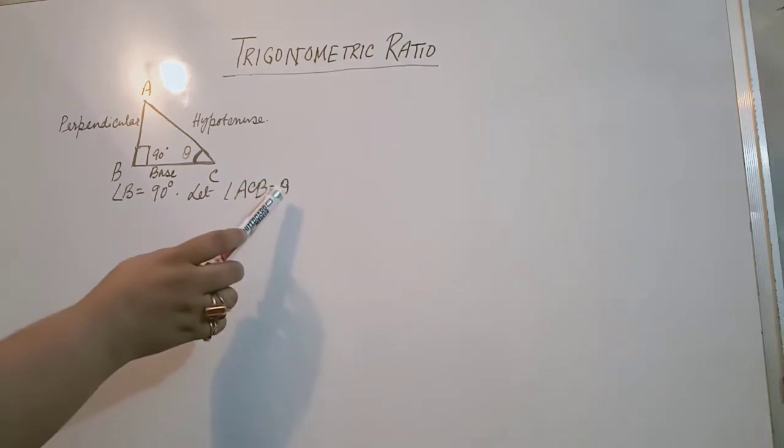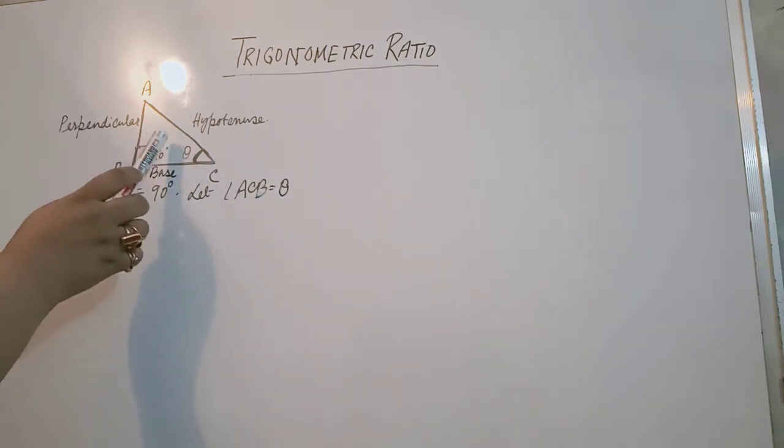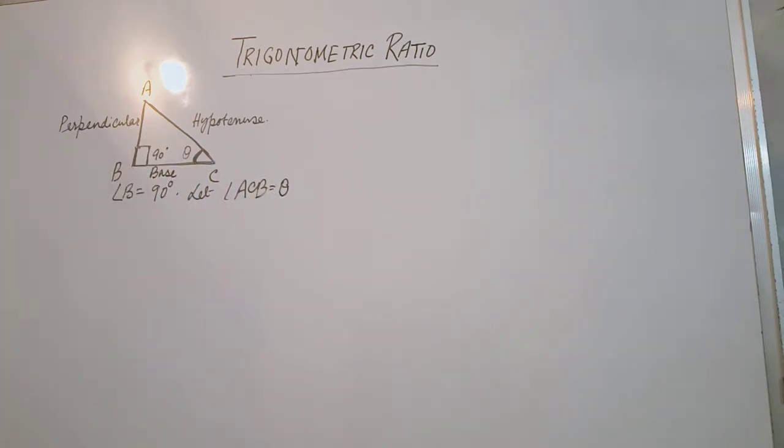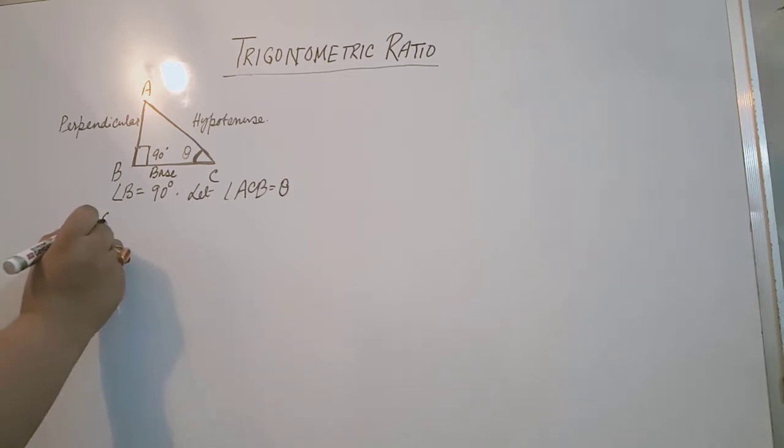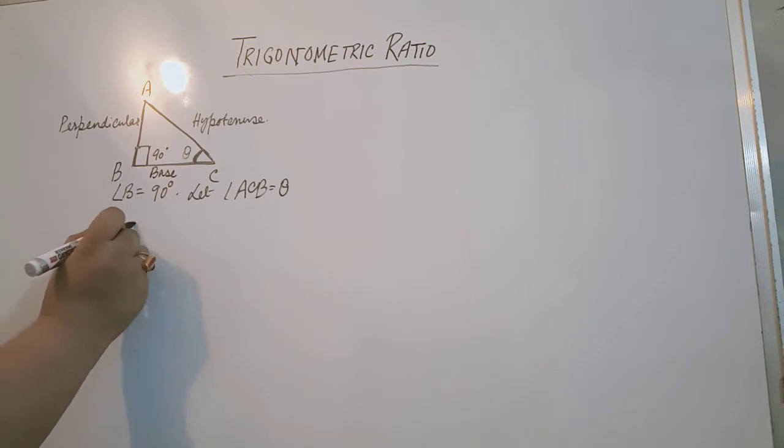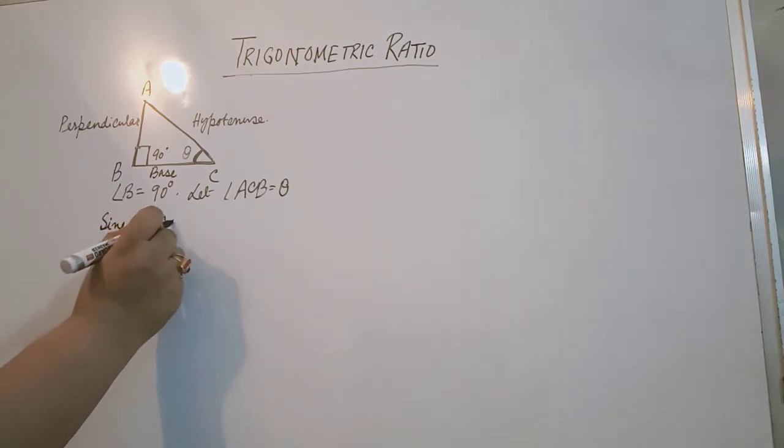Now this angle theta, which is the acute angle of this right angle triangle, can be represented in the following ways in terms of the sides of this right angle triangle. So let's see those representations. The first one is sine of angle ACB.